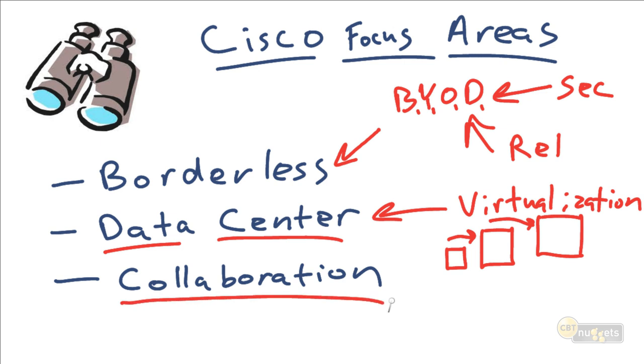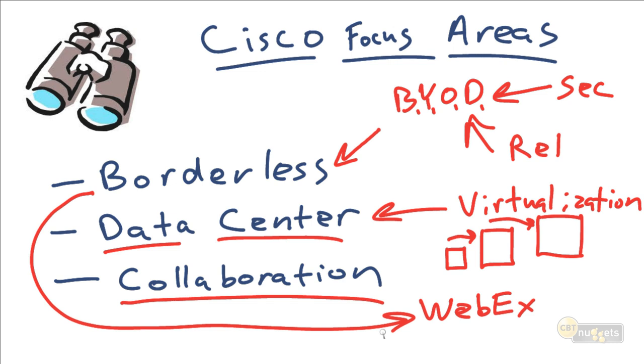Finally, the other area of focus that we've noticed with Cisco Systems lately is collaboration. As you probably know, Cisco went out and acquired a little company called WebEx. And one of the reasons Cisco made this acquisition was because they wanted to really emphasize team members getting together from wherever they are in the borderless network and being able to conduct training sessions and marketing sessions and really just collaborate on ideas that can take the business forward.